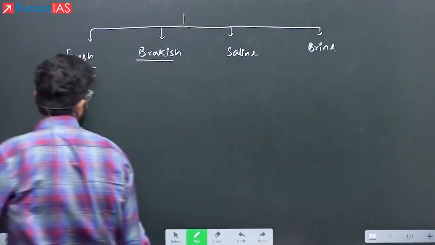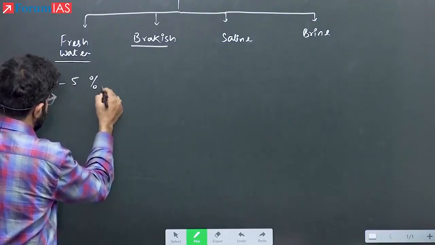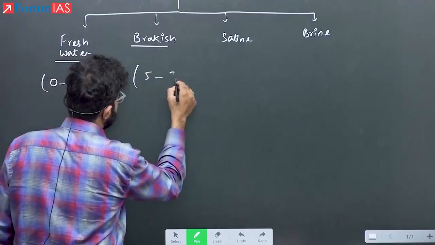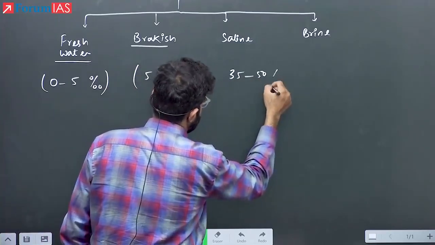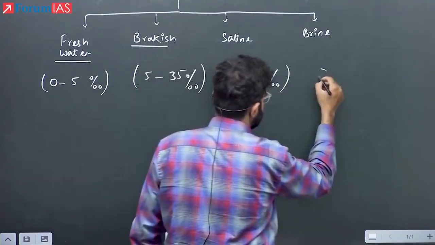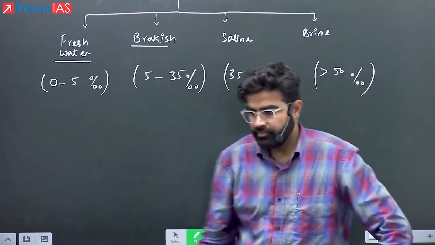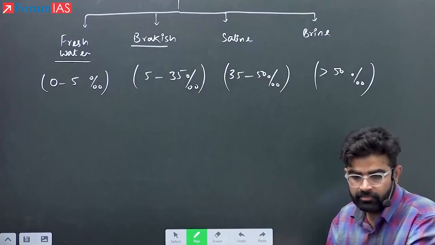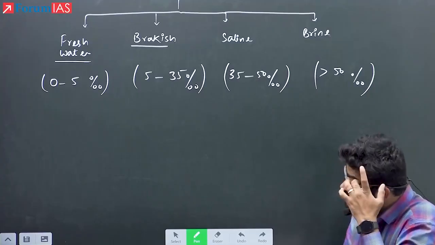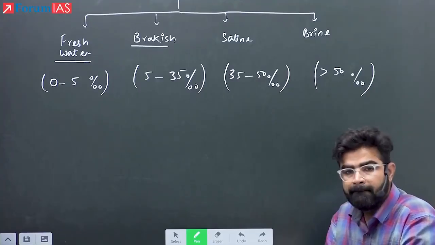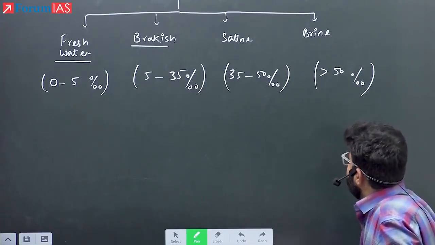If the salinity is in between 0 to 5, then it is fresh. 5 to 35, brackish. 35 to 50, saline. More than 50, brine. Right? Fresh water, brackish water, saline, and brine.